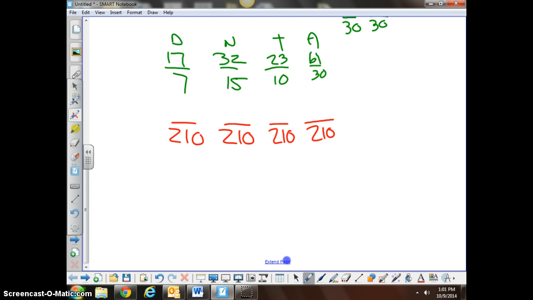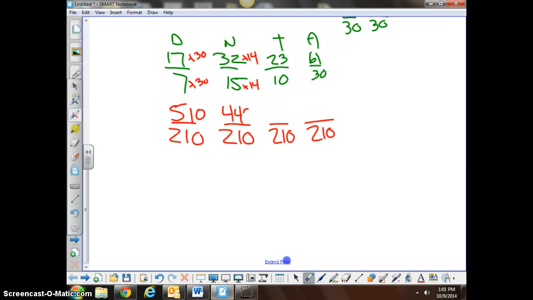So I know that 7 goes into 210 30 times. Can somebody tell me what 17 times 30 is? Oh, never mind, because it's mental math. 17, 34, 51, add the 0, 510. 15 goes into 210 how many times? Somebody help me out with that one. 14 times? Yeah, 14. Okay, and what is 32 times 14? 448.